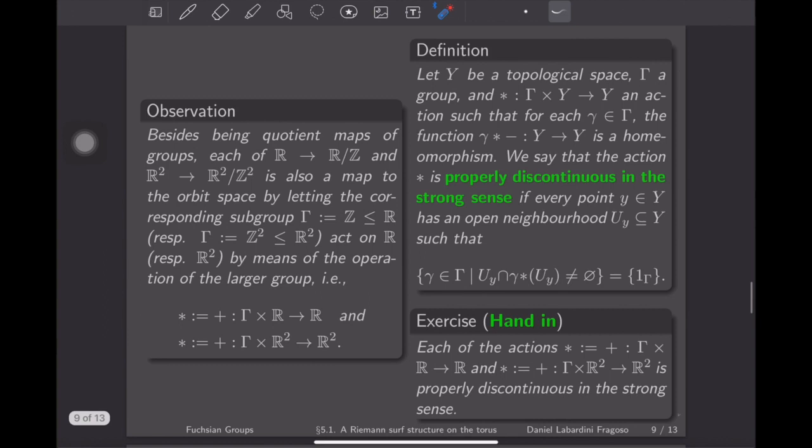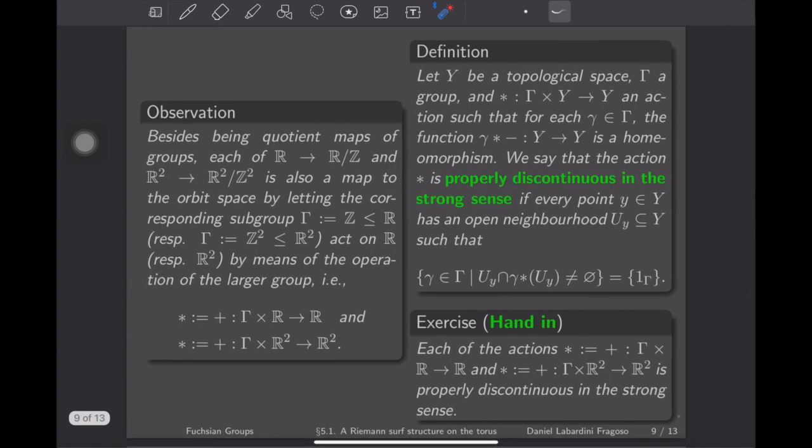And the answer is the following. The point is that these are not only sets of left cosets. So they are not quotients given by modding out subgroups of groups.